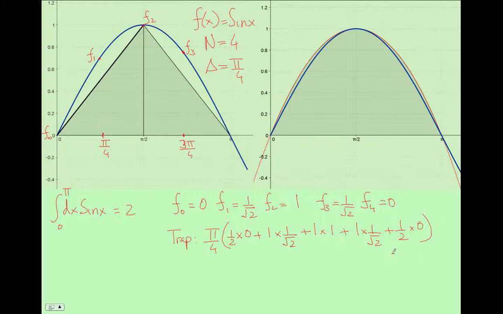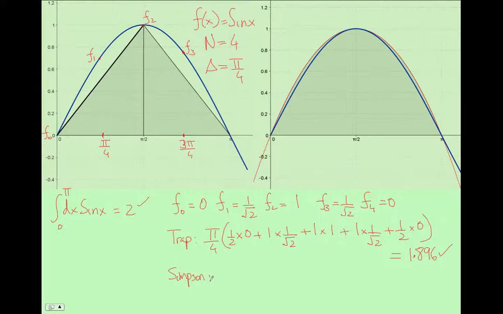When we use a calculator for this, the answer is 1.896. That is better than what we did with n equal to 2, but this is not very close to 2.